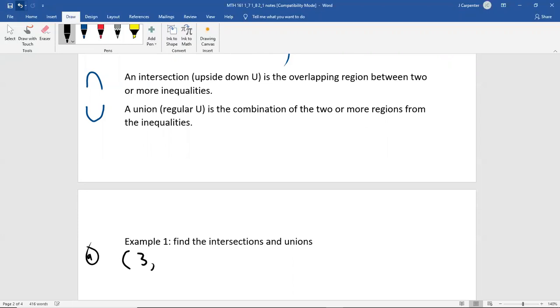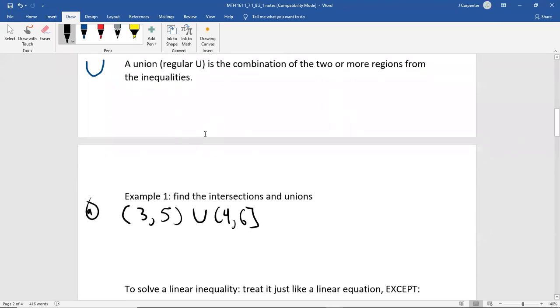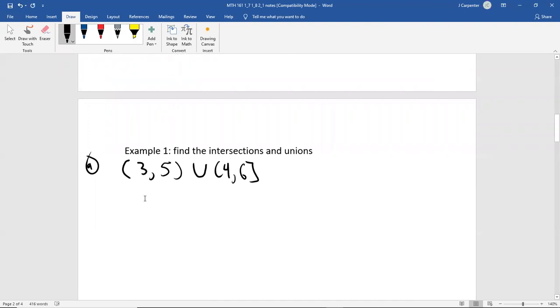Let's go with (3, 5) unioned with, let's go with (4, 6). So just doing whichever one I ask for, I'll do the intersections and unions for most of them at least. These are in interval notation: (3, 5) union with (4, 6].